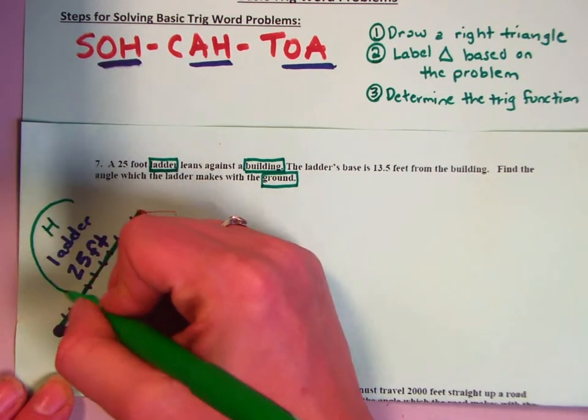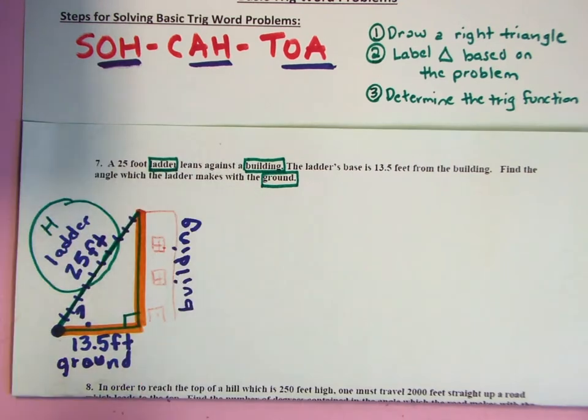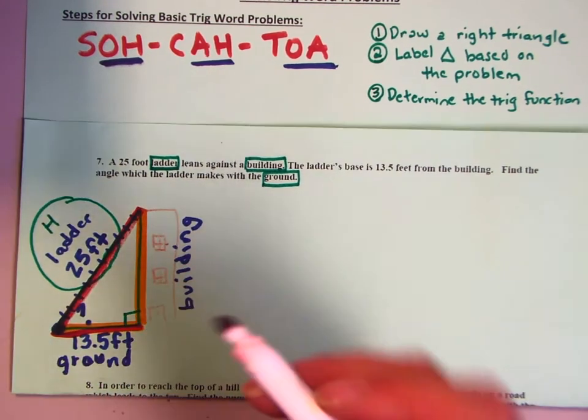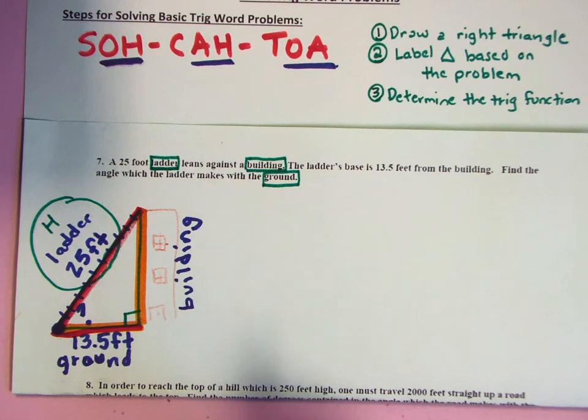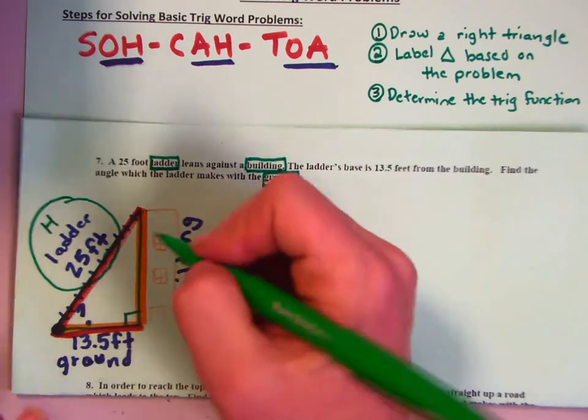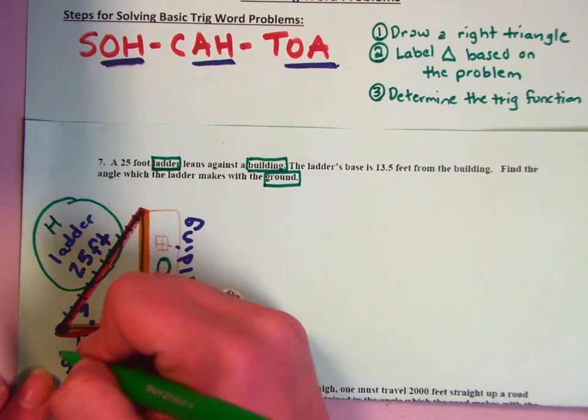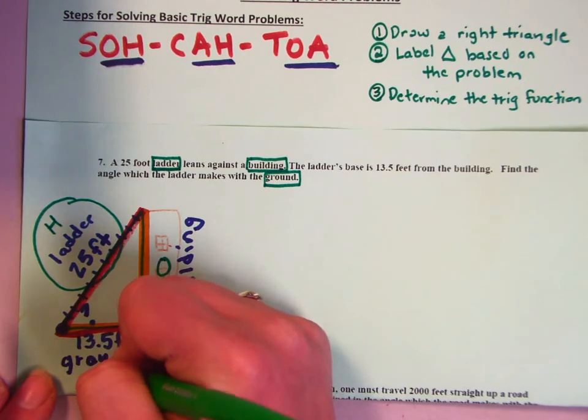The hypotenuse is my ladder. Okay, I'm going to highlight the two sides of the angle in question. The angle of the ladder to the ground. So that tells me that the building is the opposite, which means the ground has to be the adjacent.